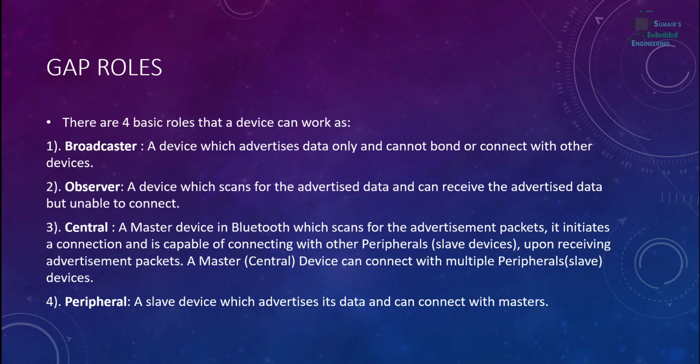For now, we know that the central device is the device which will be connecting with the peripheral device, and the peripheral is the slave device, which is going to advertise its data and can connect with the masters. These two roles are important in the GAP, the Generic Access Profile, which basically defines the device information, for example, the device name and all that stuff. So it's really important in BLE.